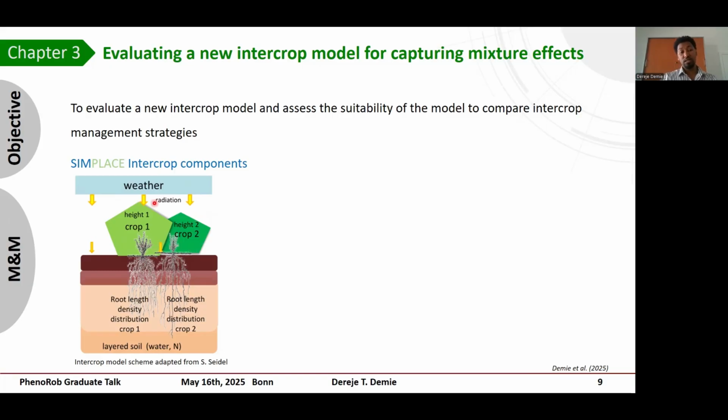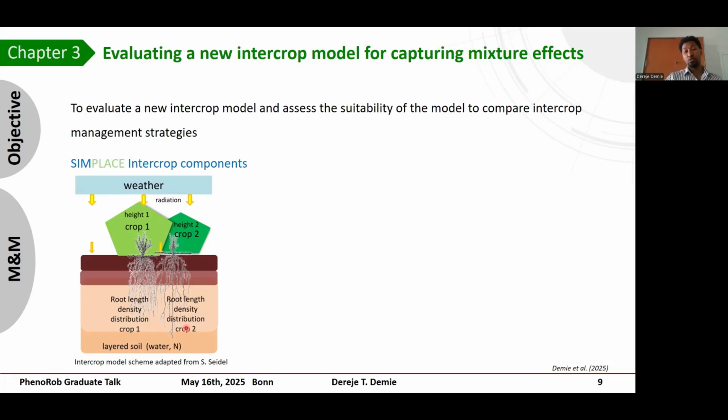The above-ground component is mainly for radiation competition, which is governed by plant height, leaf area index, and light extinction coefficient, while below-ground competition is governed by root length density and rooting depth. The uptake of nutrients and water is governed by the root density and rooting depth of each species. The two species share a common soil, and they compete for soil resources.